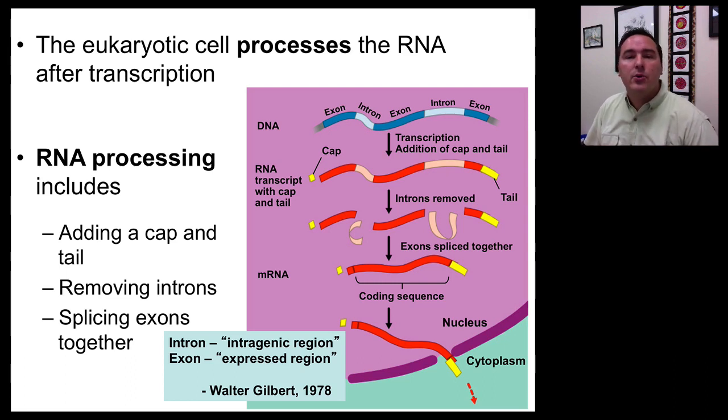And this is why, even though humans only have a little over 20,000 genes, we can make more than 200,000 different kinds of proteins, because we can alternatively splice the different exons together to make slightly different proteins. And this was a huge discovery just made in the last 15 or so years.